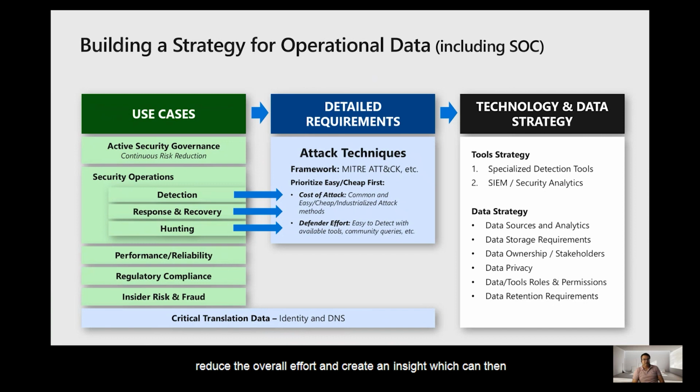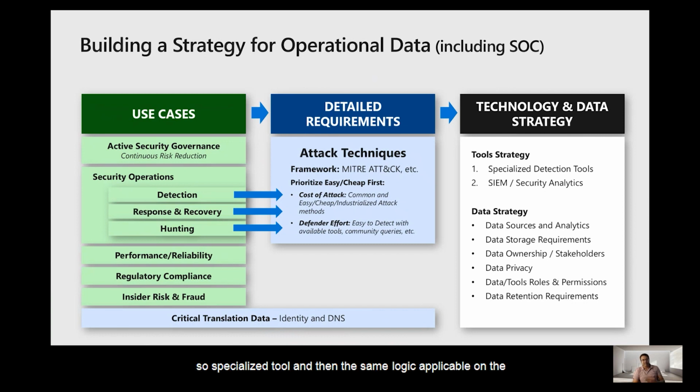And it can really reduce the overall effort and create an insight, which can then be sent to SIEM, and the SIEM can marry that insight with the remainder of the overall log and event ecosystem it is sitting on. So priority should be given to the specialized tools to reduce the overall effort to figure out anomalous patterns at the SIEM level.